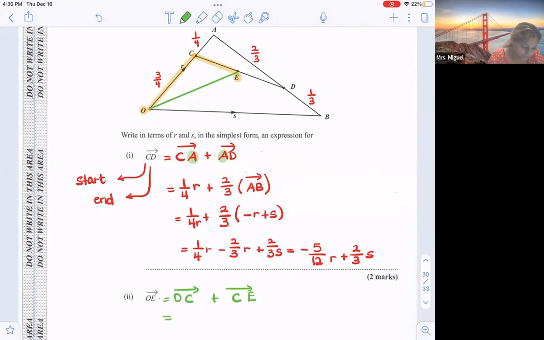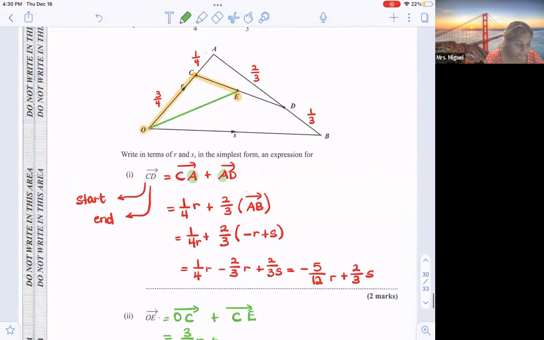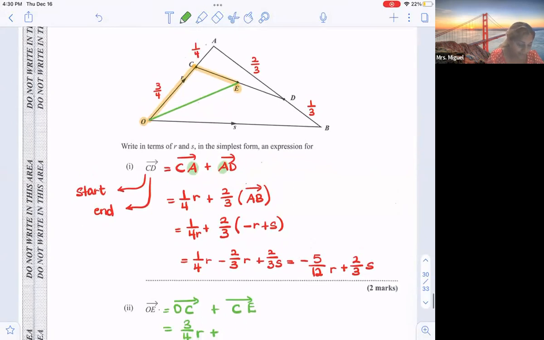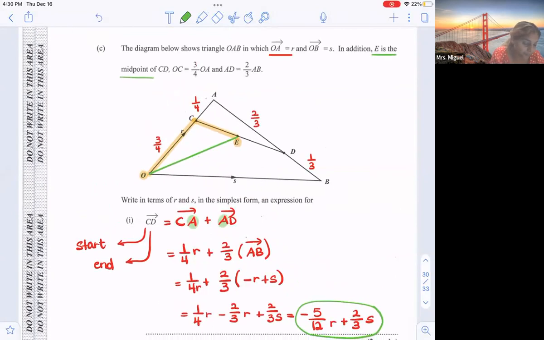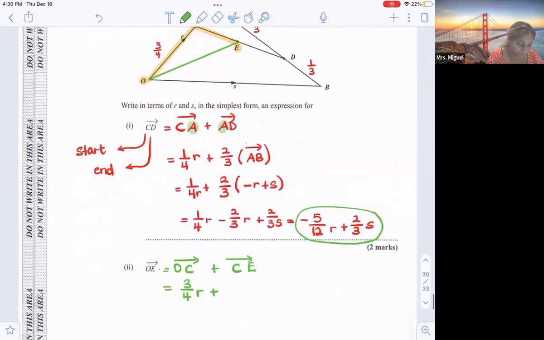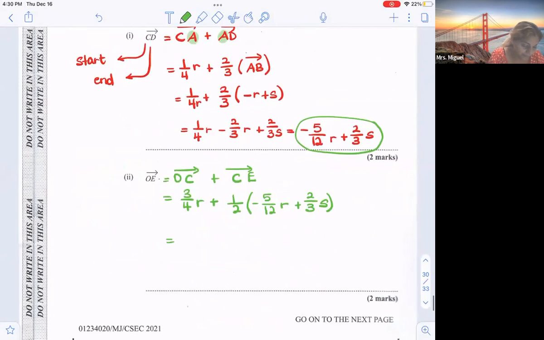The vector OC is 3/4 R. The vector CE is a half of this vector that we found. Remember, E is the midpoint, so it is a half of CD. So plus a half of minus 5/12 R plus 2/3 S. So work out for me, what is a half of minus 5/12?